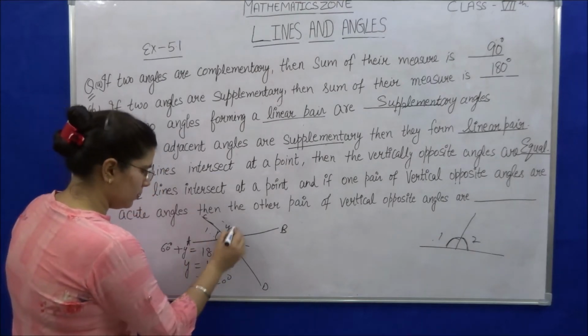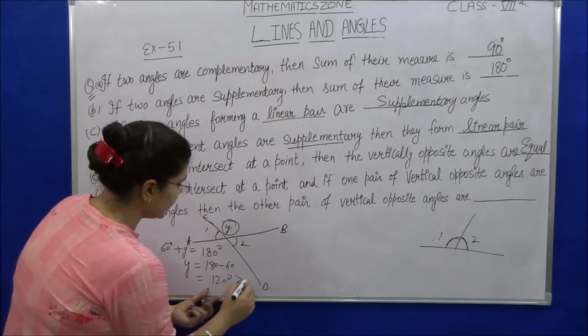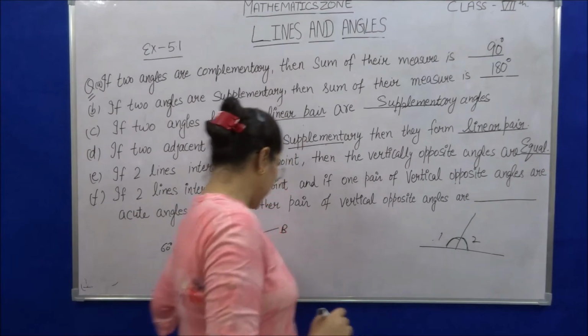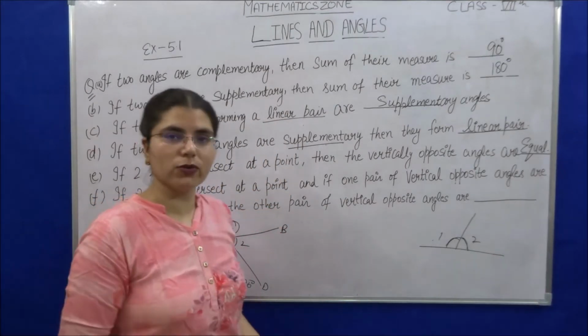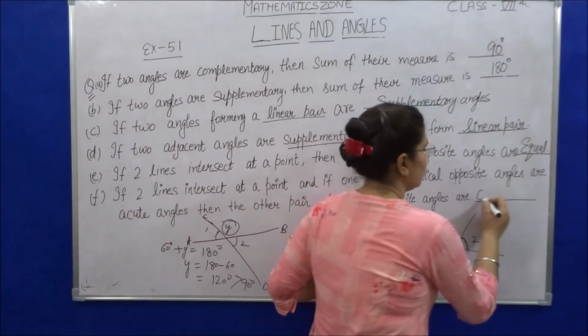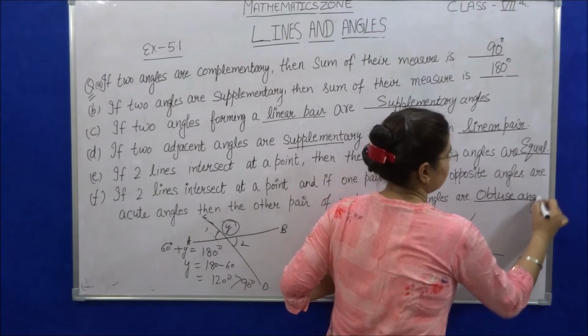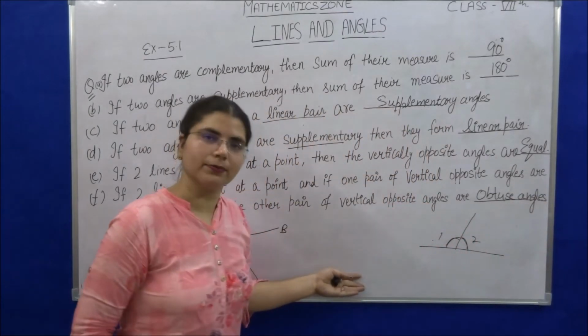So therefore the measure of y will be 120 degree, which is greater than 90 degree. So the angle whose measure is greater than 90 degree is called obtuse. So these will be obtuse angles. Hence we solved all the parts.